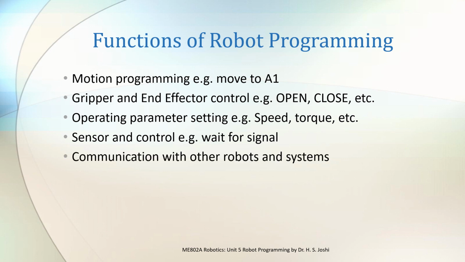Next function is communicating with other robots or other systems, especially when we are talking about industrial robots. So the coordination between the various robots within the organization or within the industry, or sometimes the coordination of the robot with the machine. For example, if you are going to use the robot for loading and unloading of a CNC machine, there has to be a communication between the machine and the robot, so as to make the system more and more automatic.